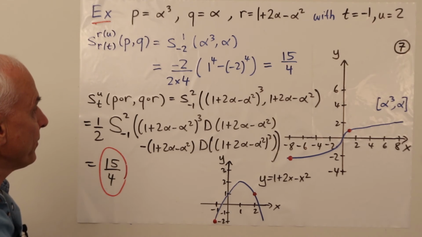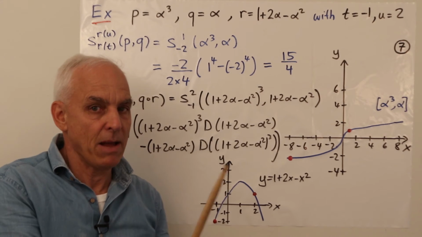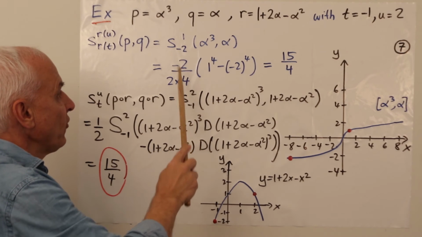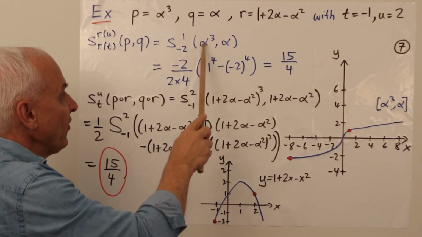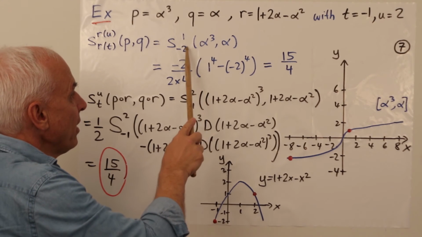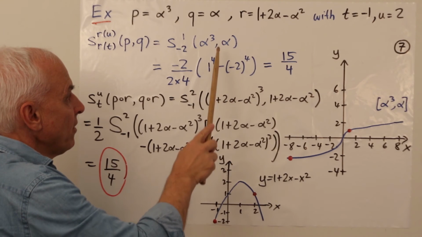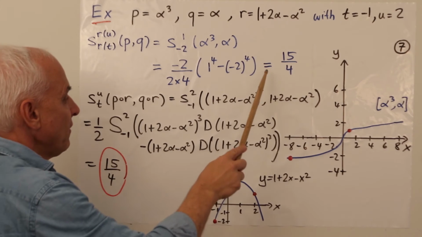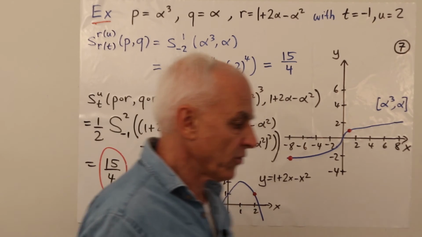That's signed area. Well, that's just a simple application of the fundamental formula. So the difference is minus 2 divided by 2 times the sum, 2 times 4. And then we're going 1 to the 4th minus minus 2 to the 4th. 4 because the 3 plus 1 is 4. And we get 15 over 4. Maybe we'll circle that.